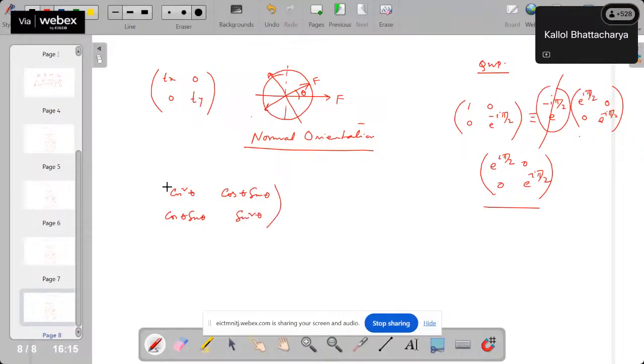This becomes the Jones matrix of the polarizer. Now, if theta equals 0, then this is my normal orientation of a polarizer. So for normal orientation, you see we have 1, 0, 0, 0 for theta equal to 0.